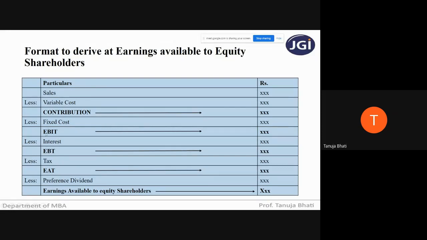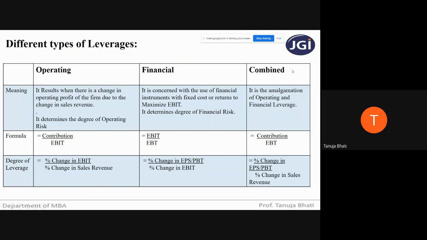So how do you calculate the financial leverage? EBIT divided by EBT. Till now we have seen that operating leverage is contribution divided by EBIT, and financial leverage is EBIT divided by EBT. Now let us see combined leverage. Combined leverage is an amalgamation of operating and financial leverage.